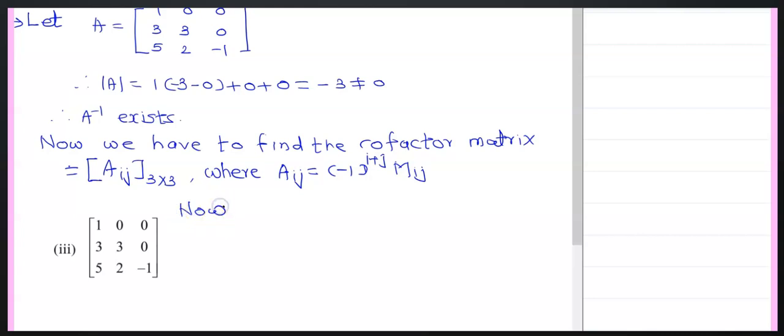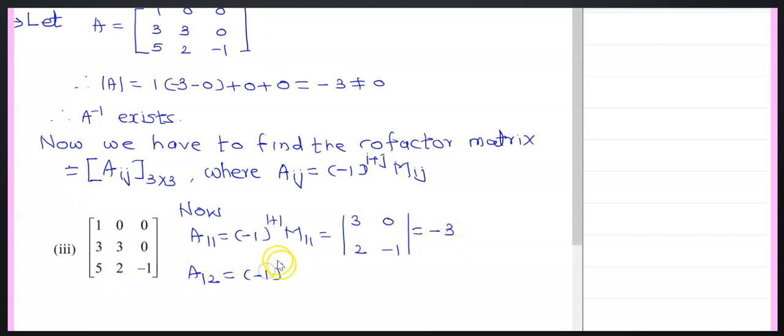Now here we will find the cofactor A11, minus 1 raised to 1 plus 1, M11. There is 3 0 2 minus 1. Overall it is minus 2.